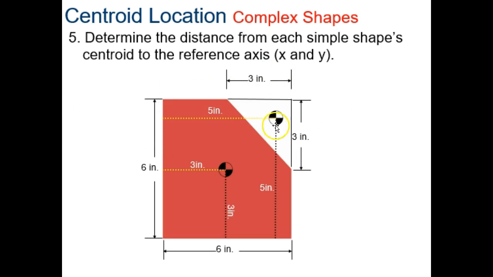Hopefully you came up with 5, 5, because it's all the way over, but back 1, which is 5, all the way up, back 1, which is 5, because it's 1, 1 from this 0 spot up here. We'll measure everything from our XY 0, so this centroid has an XY coordinate pair of 5, 5. This one has an XY of 3, 3.